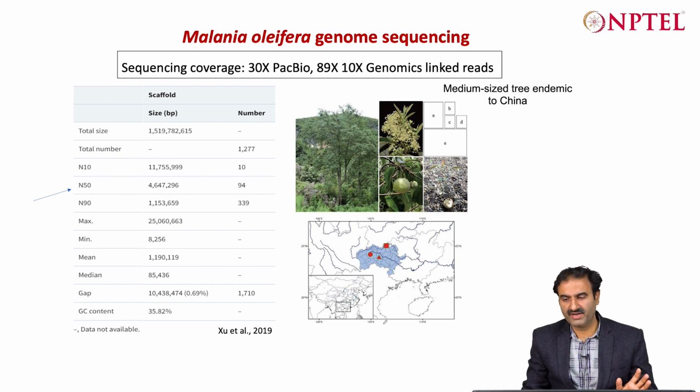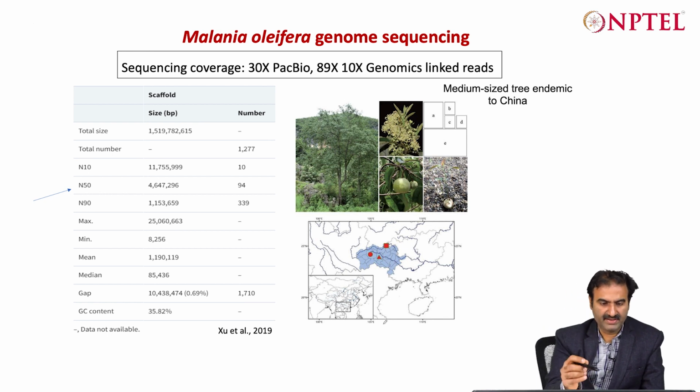In case of this medium size Chinese trail Melania olifera, you can see that the total size of the genome was something like 1.5 GB, and they could find 4 MB as the N50, which was represented in 94 pieces.